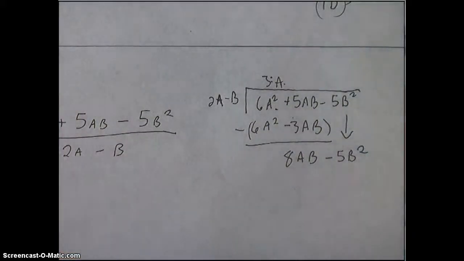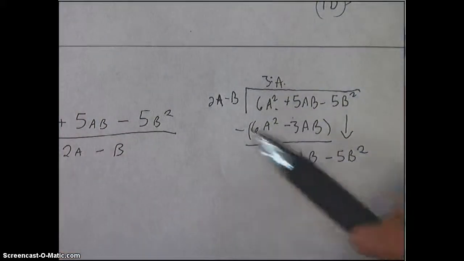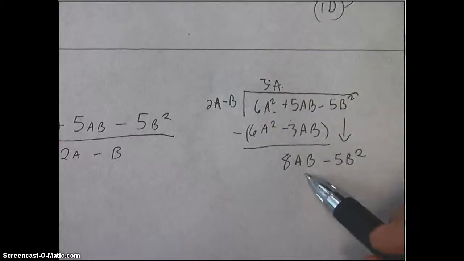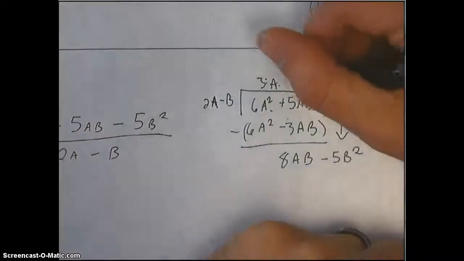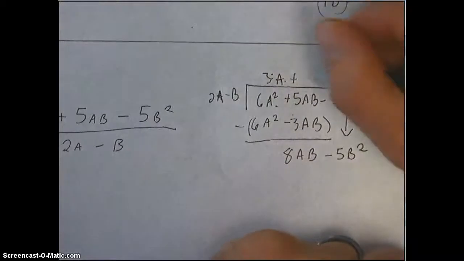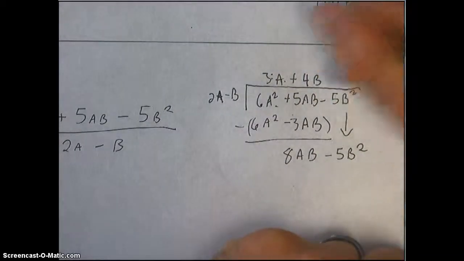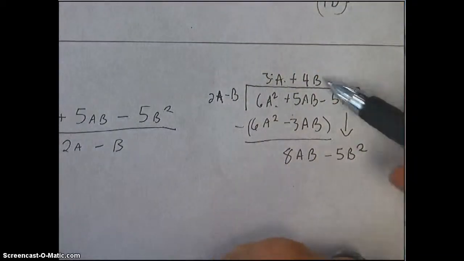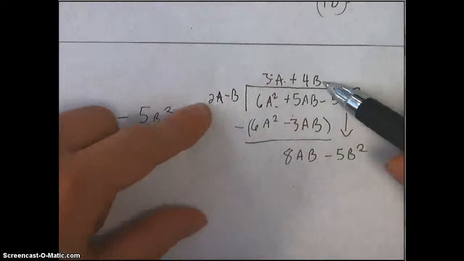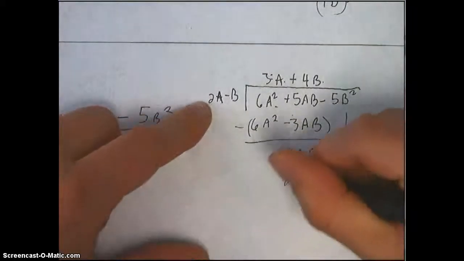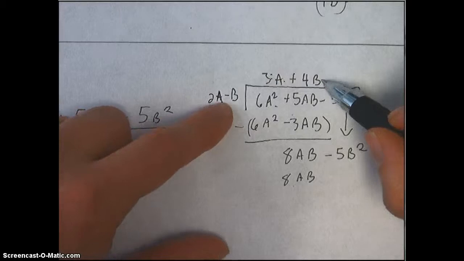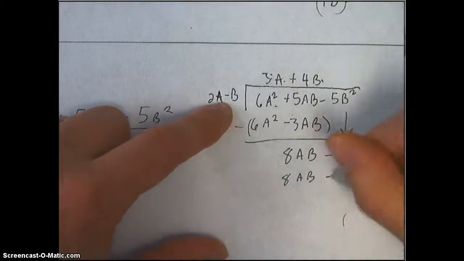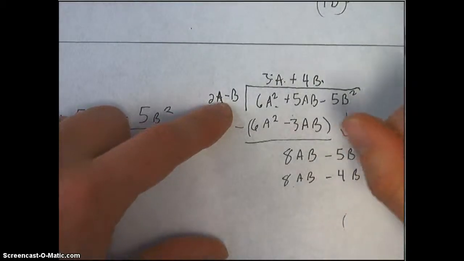And then I'm going to ask myself the question, how do I turn a 2a into an 8ab? We're going to multiply it by positive 4b. Because 4b times 2a is 8ab, and 4b times negative b is negative 4b squared.